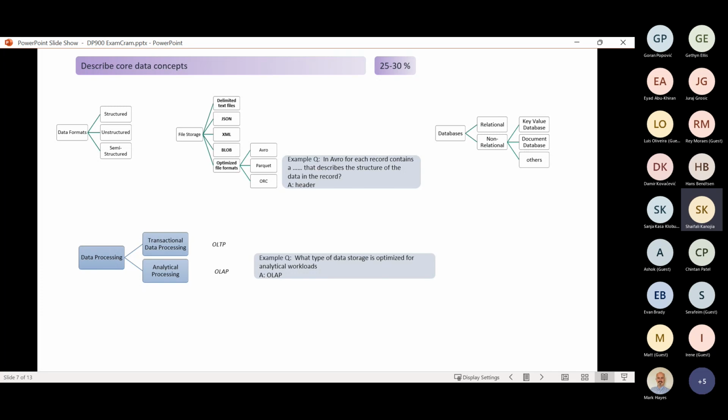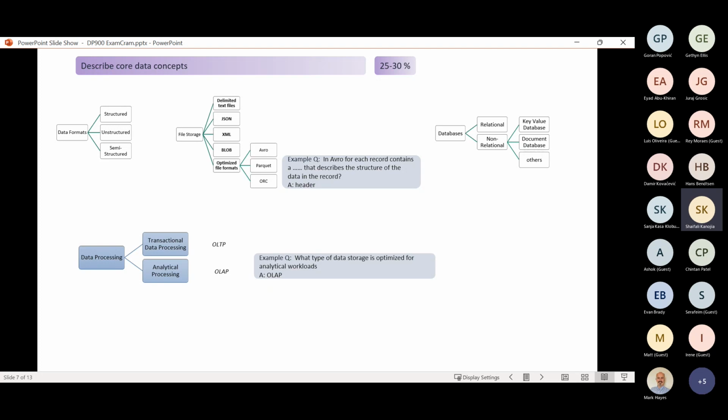If you look at the figures here, as I mentioned, there's one set that talks about data formats. Then you have your file storage. If you focus on file storage, it shows you the types of file storage available in general, irrespective of any cloud technology or on-premises setup you're using.